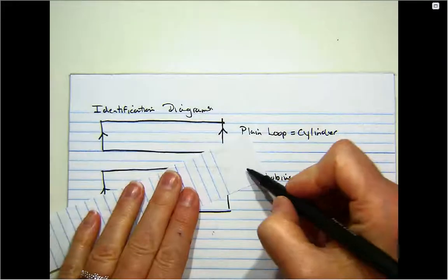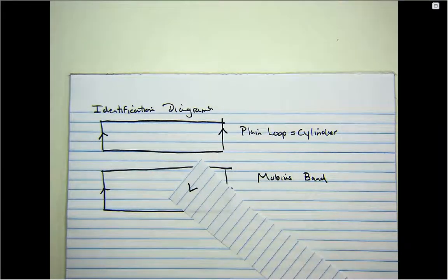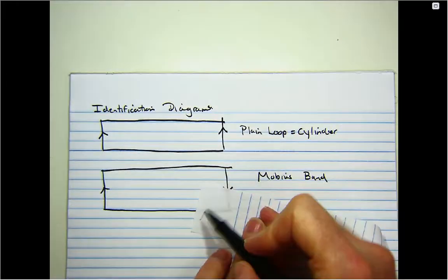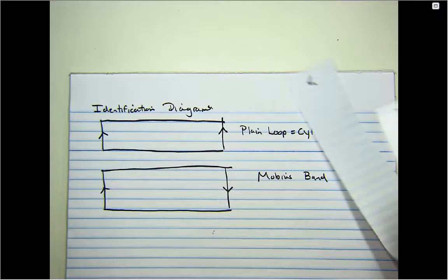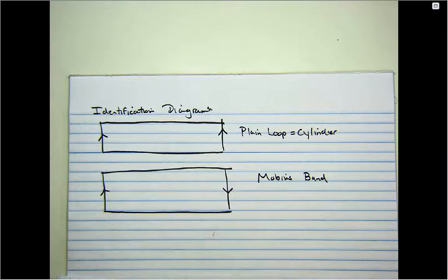So 1 up and 1 down, and then when I actually connect these, they have to be the same way. When you're doing these, you need to trace through the paper so you can see on both sides. So I trace through the paper and see on both sides. Okay.